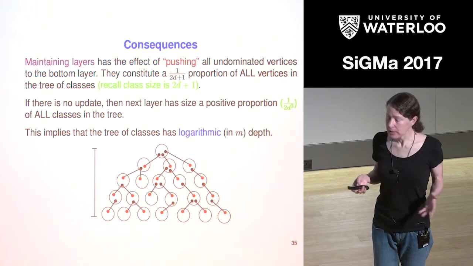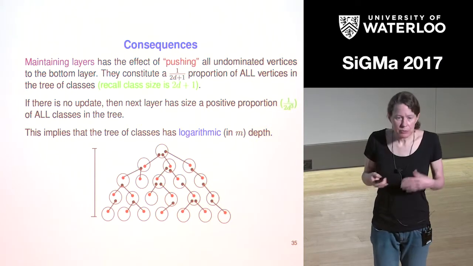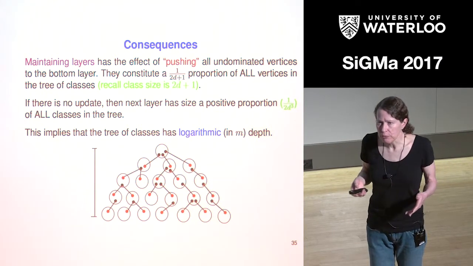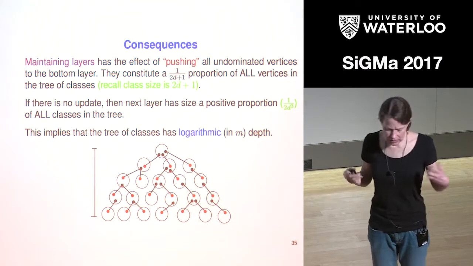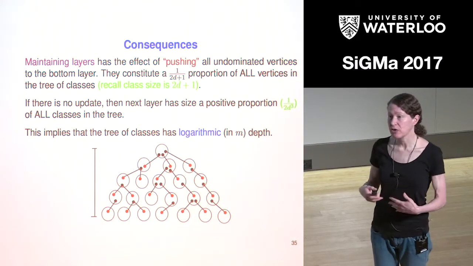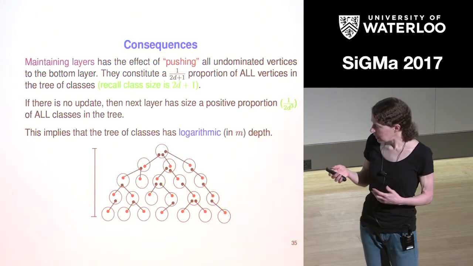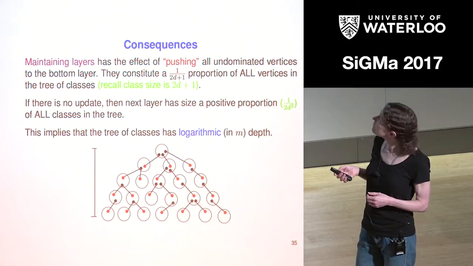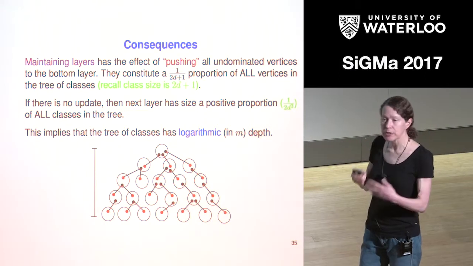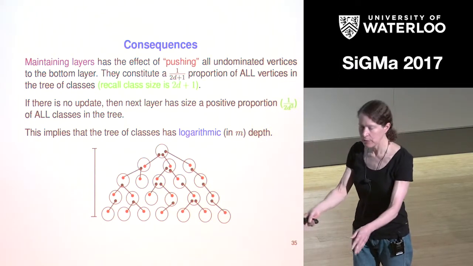Now, whenever we take some union of classes U, there's going to be quite a number of new vertices we could add. And if I make the tree bigger and bigger, this bunch of vertices I can add is going to build up somehow. And this policy of maintaining layers has this effect that all those available vertices are going to get pushed to the bottom all the time.